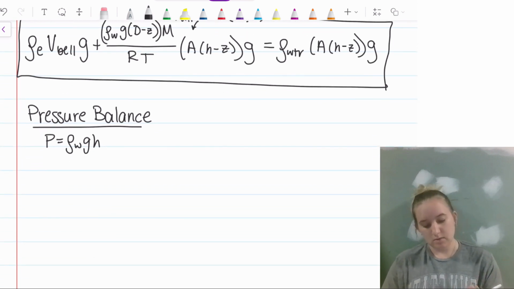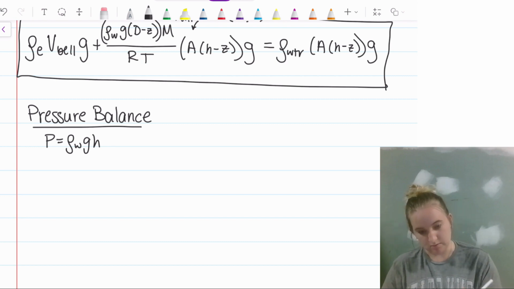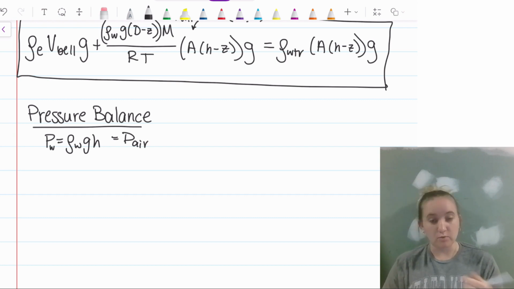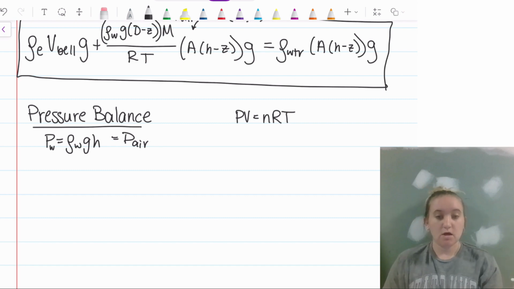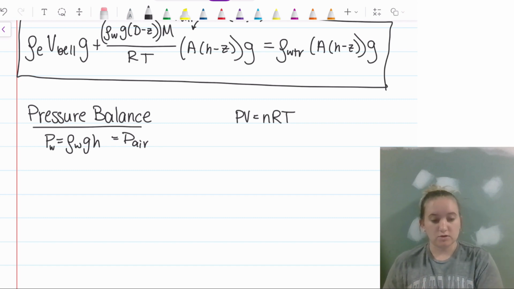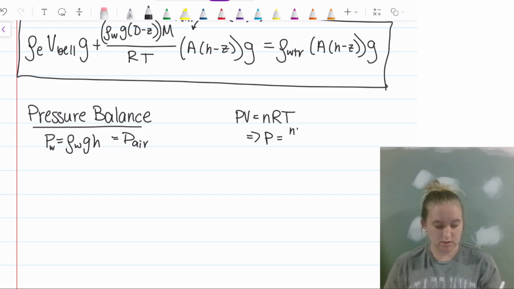So if we have this expression, we'll make it PW, which needs to be equal to P air. And then we're going to use our ideal gas law, which is PV equals nRT. Even though the air compresses, the volume changes, so then our expression would become P equals nRT over V.